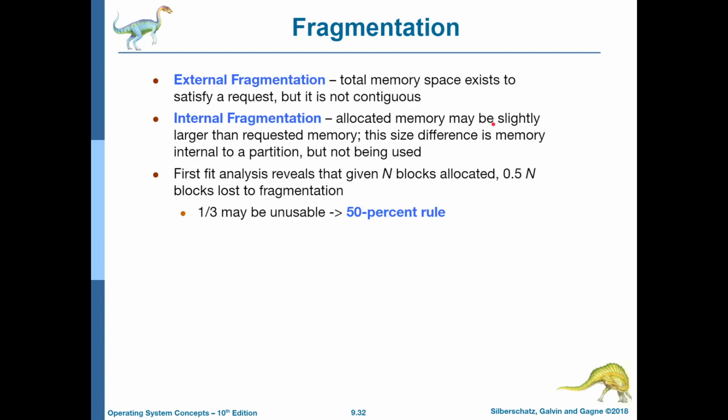Now, we discussed holes being broken up between processes and possibly being too small to be usable. Anytime there is enough memory to allocate for a process, but it's broken up into holes that are too small for that process, we call this external fragmentation.